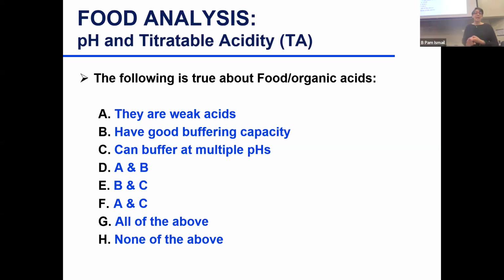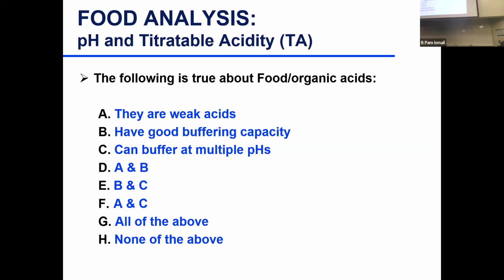Food acids are organic acids. Can you give an example of a food acid, an organic acid naturally occurring in food? Acetic acid. Citric acid, yes. Ascorbic acid, vitamin C, malic acid.